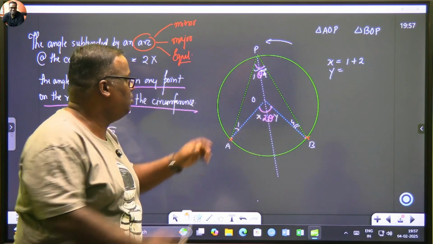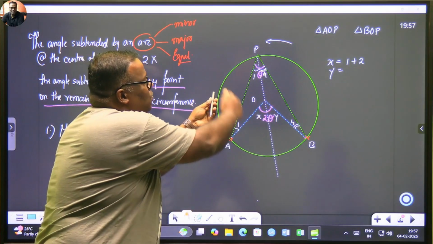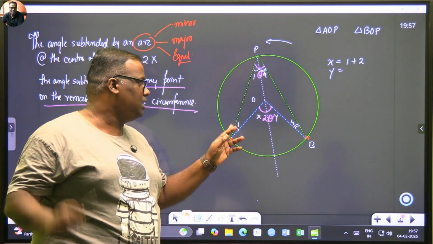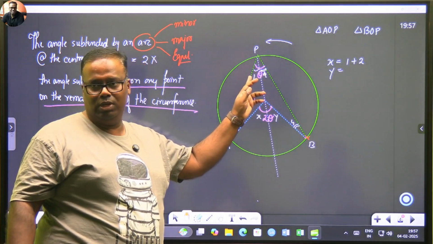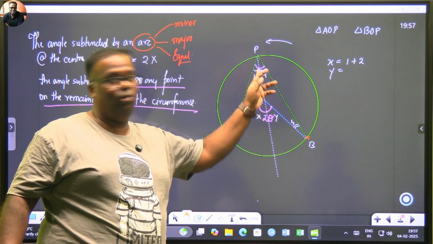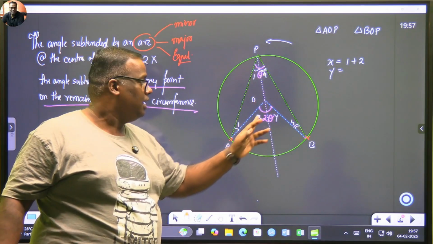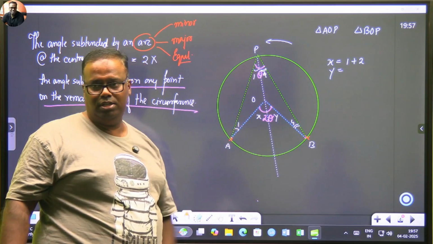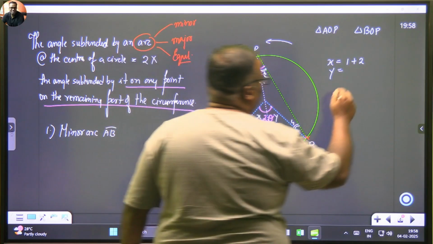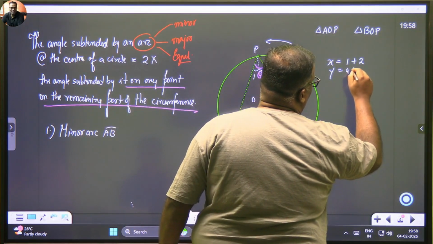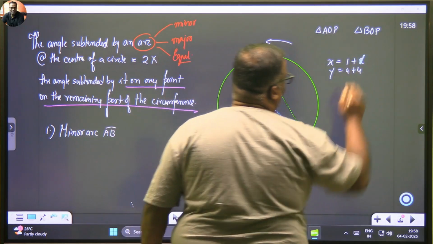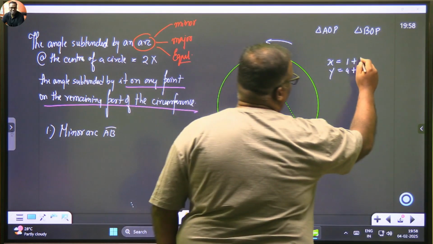If my point was here, then this arm will be smaller, this arm will be bigger. So we are taking a generic case in which, understand children, 1 and 1 are equal. It does not mean that 1 is equal to 4, but 4 and 4 are equal. Understood? Can I write X is equal to 1 plus 1? Exterior angle equal to sum of two opposite interior angles. Can I write Y is equal to 4 plus 4?